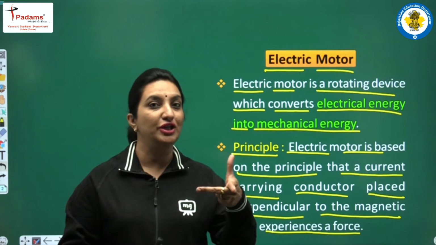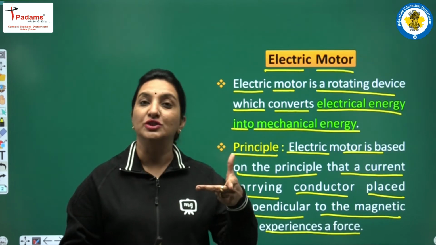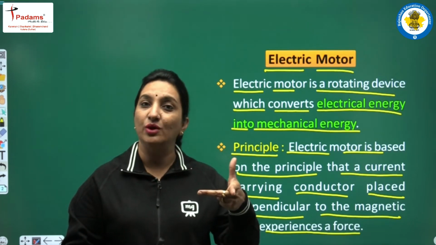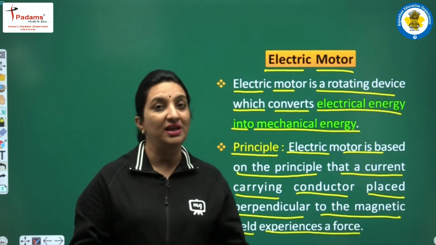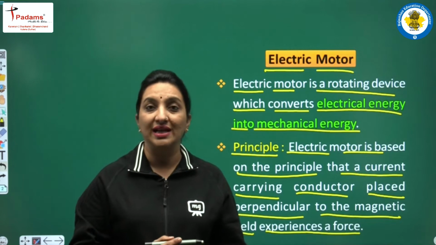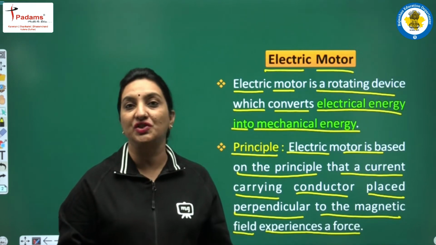So students, we will use this Fleming's left hand rule to understand and to evaluate the direction of the force experienced. So students, to begin with, let's first understand the construction of this electric motor.